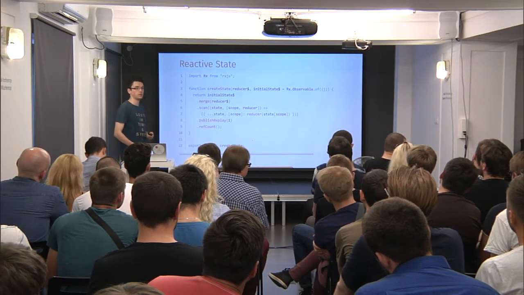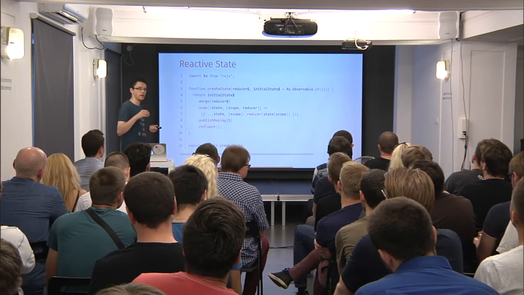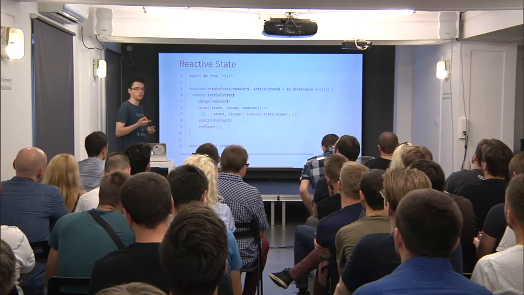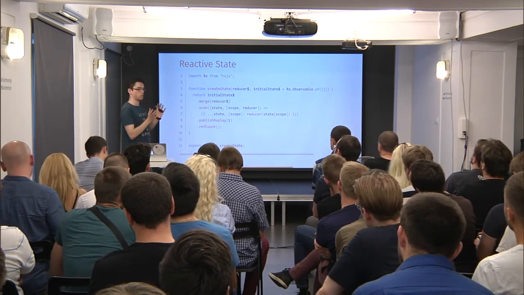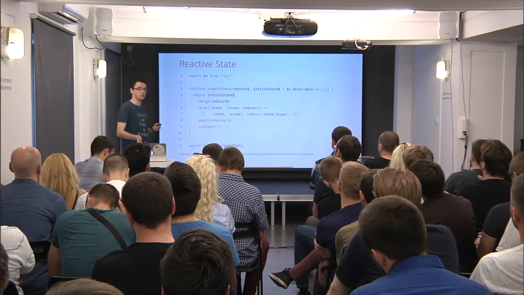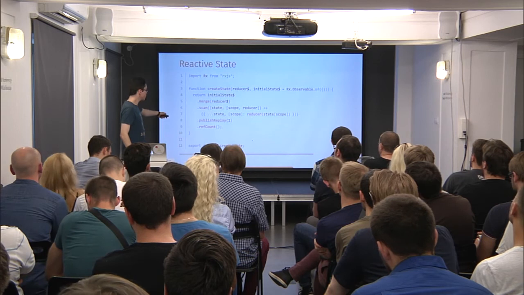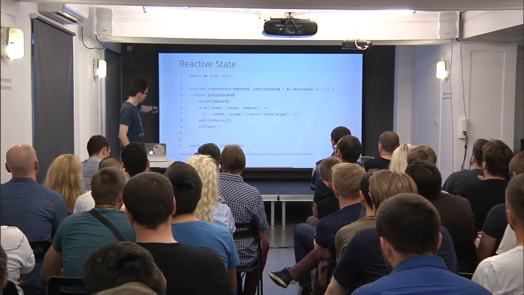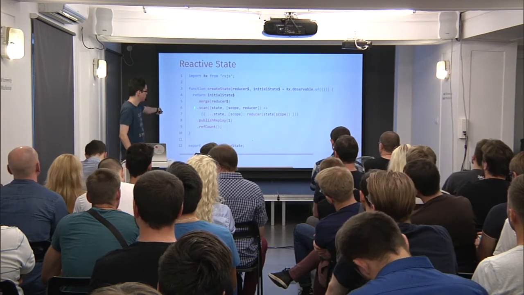You probably saw this one-liner where state is equal to some store or update function applied to the old state. That's basically what I'm doing here. It's a little bit more complicated because reducers are scoped.